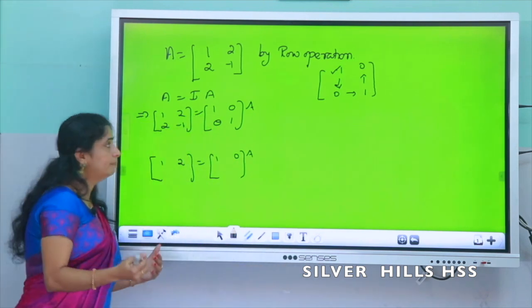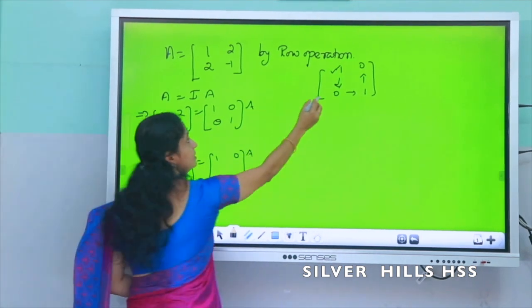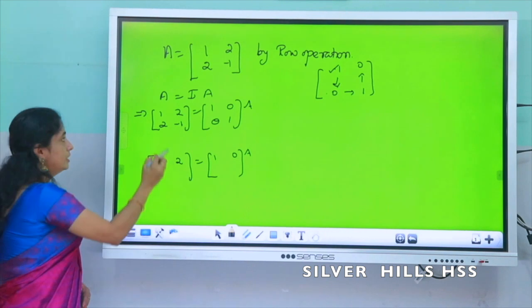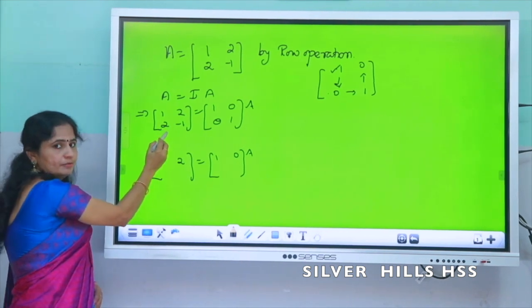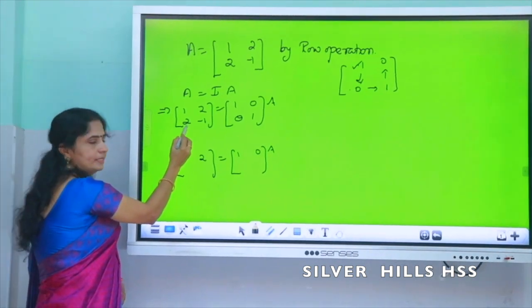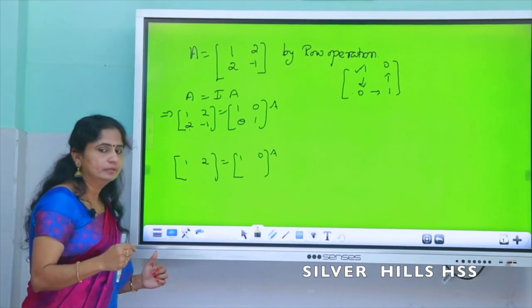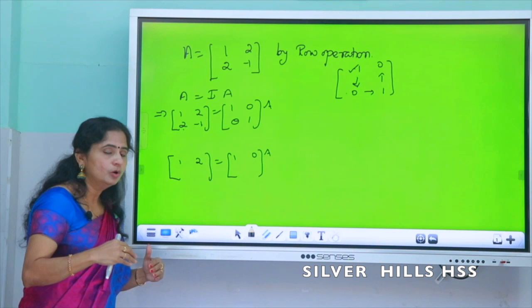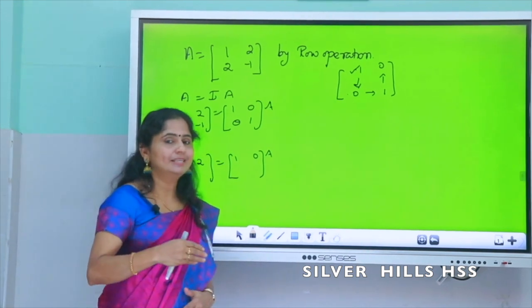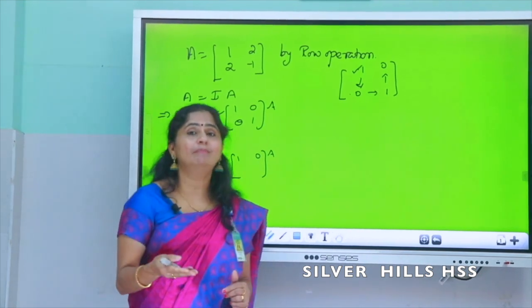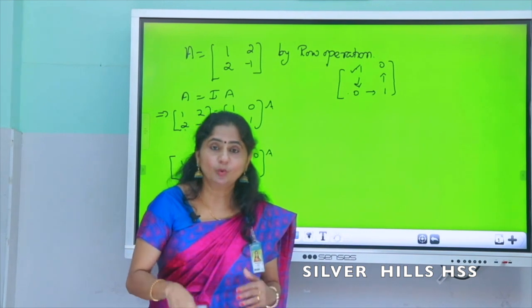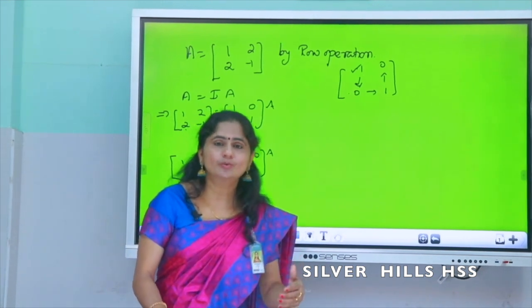Now we have to bring 0 in this position. That is, A21 should become 0. Here 2 is there. The corresponding element in the first row is 1. So, how will we get 0? 2 minus that 1 should be multiplied by 2, so that we get 2 minus 2 is equal to 0.